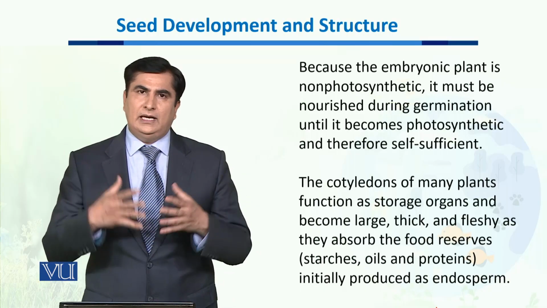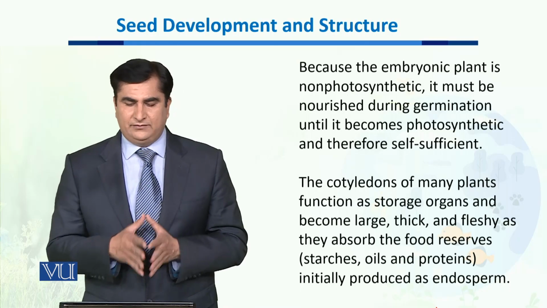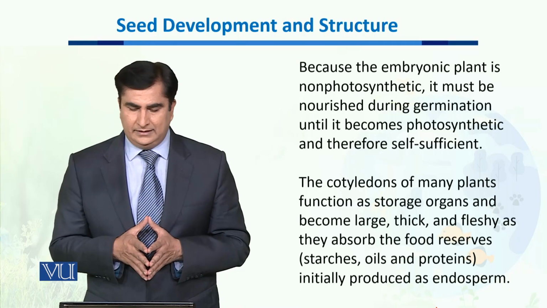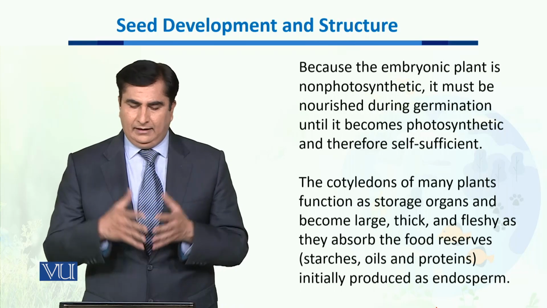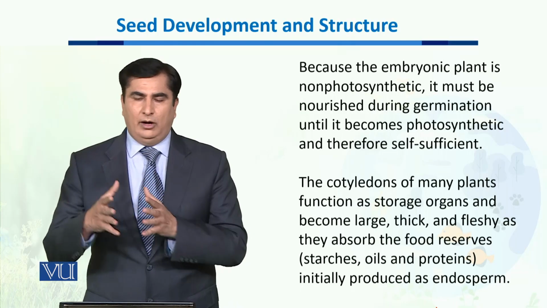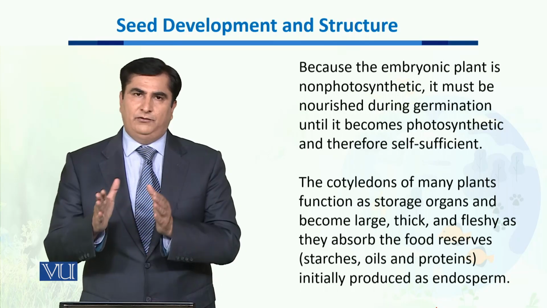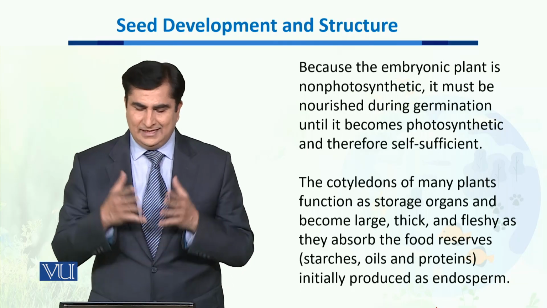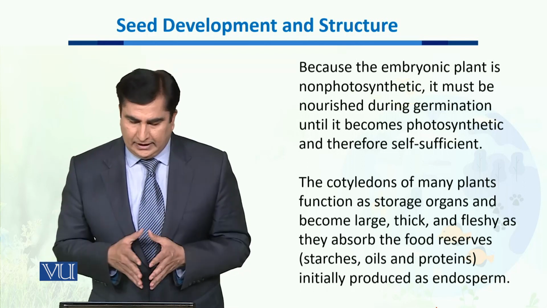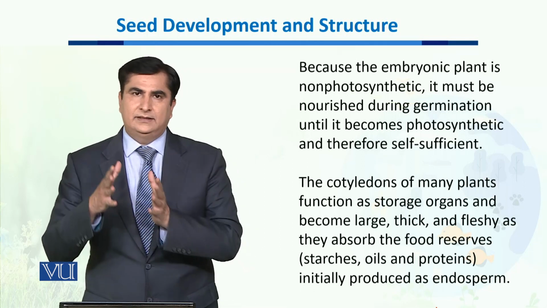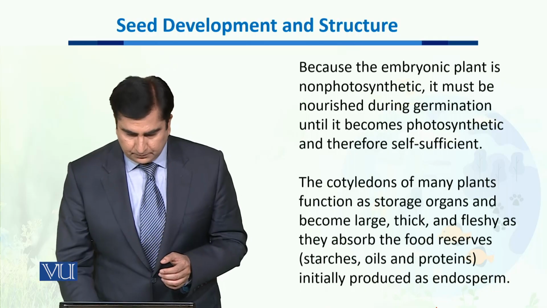Now, the cotyledons of many plants function as storage organs, and they become large, thick, and fleshy because they absorb food reserves in the form of starches, oils, and proteins, and they are initially produced as the endosperm.